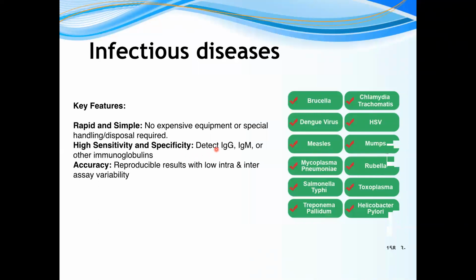So these can detect IgG, IgM, or other immunoglobulins. These ELISA kits are very sensitive and very specific, so there is no cross-reactivity from one virus to another, which is shown in the assay.